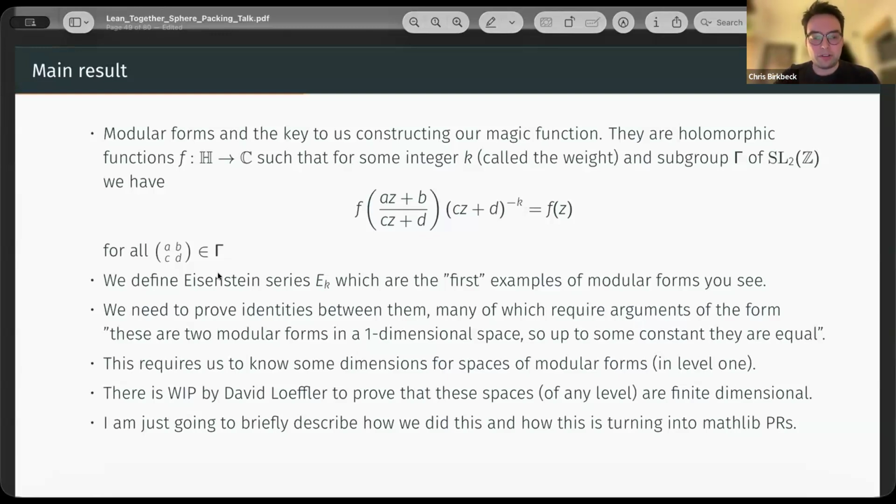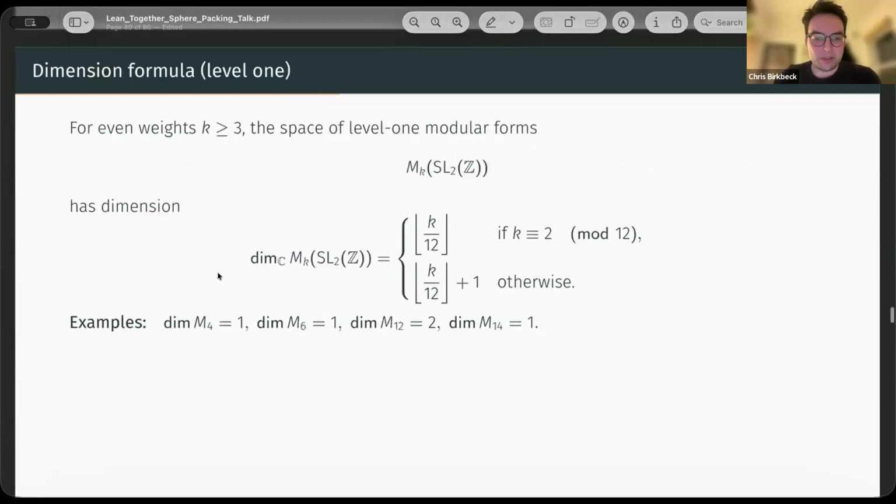And there is work in progress by David Loeffler to generalize this and prove finite dimensionality in general for other levels, but that's not quite done yet. But I want to describe how we did this and how it differs from how you'd normally do it in a textbook.